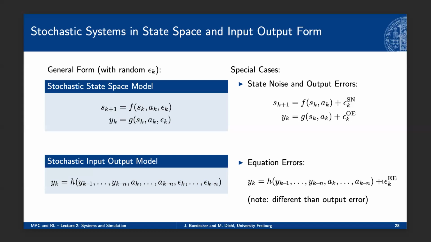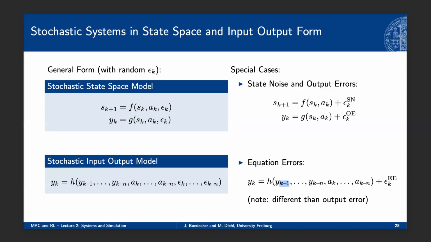I want to point out one little difference. You might think that output errors like here affect the y, and here we have equation errors, they also affect the y. So maybe they are the same, but in fact they are not. The difference is that here, the state itself is unknown, the s. And these output errors don't affect the state dynamics at all. While here, they go into the auto-regression, because the next time that this function is called, the y that we just disturbed by noise is now entering our function.